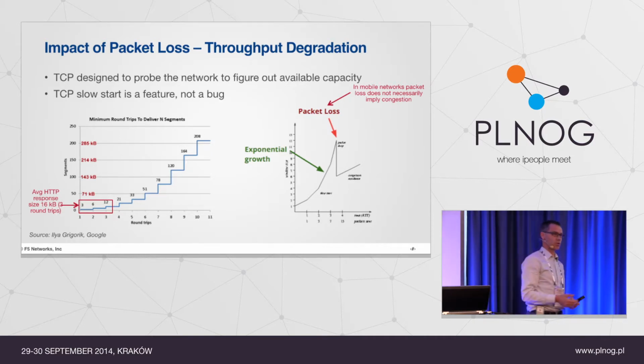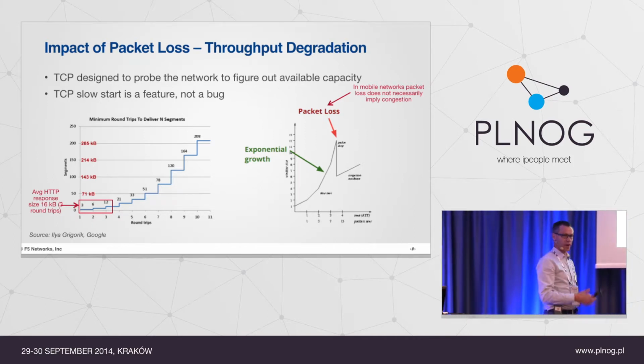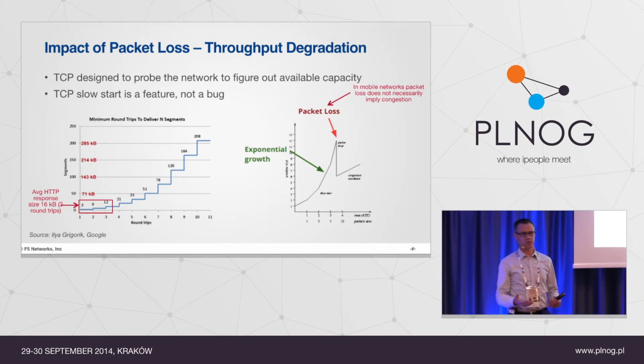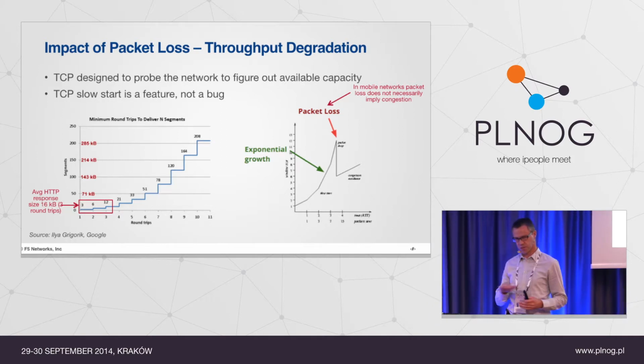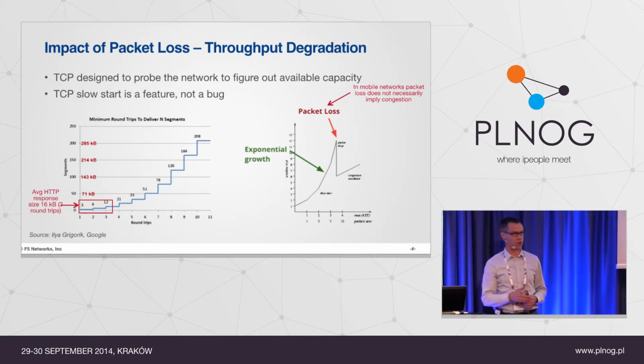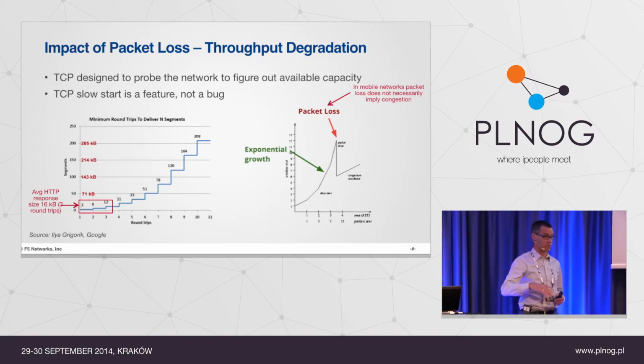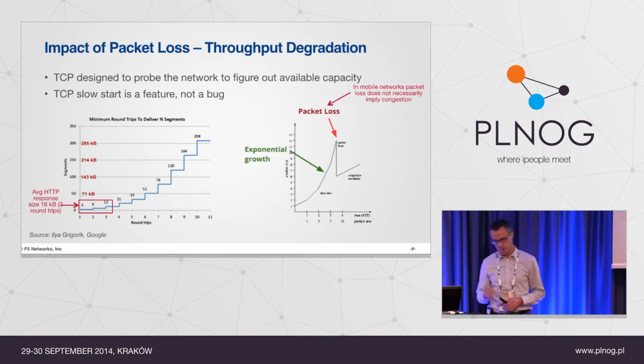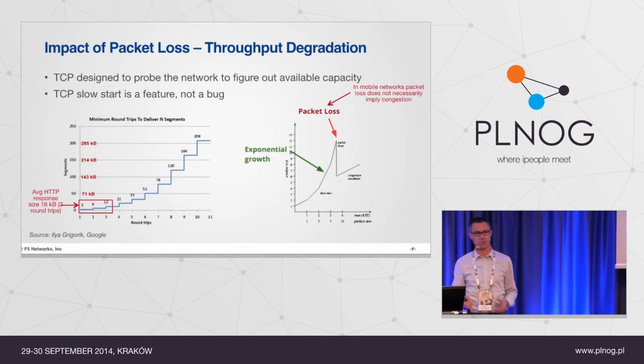Now radio networks tend to lose packets just by means of radio, right? Of course, there's some retransmission techniques at the radio layer, but still, it's not uncommon to have 0.1% or even 0.5% packet loss. And if you lose those packets, it is not necessarily a sign of congestion. It's just a random packet loss by means of radio.